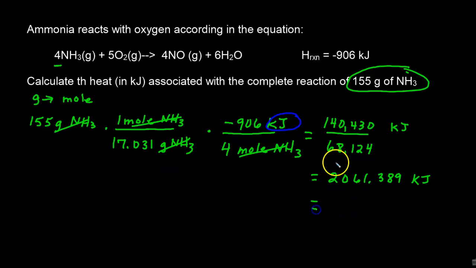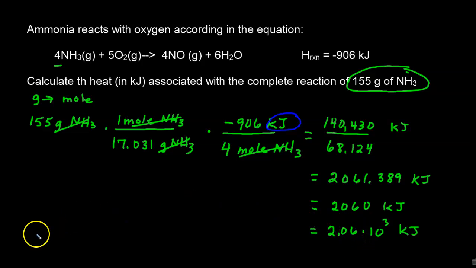So again, significant digits is 3. So this would be 2060 kilojoules. But anything, as I've told you before, that is in the thousands or above should go to scientific notation. So 2.06 times 10 to the third kilojoules. And then that makes it a lot easier here to see your 3 significant digits.